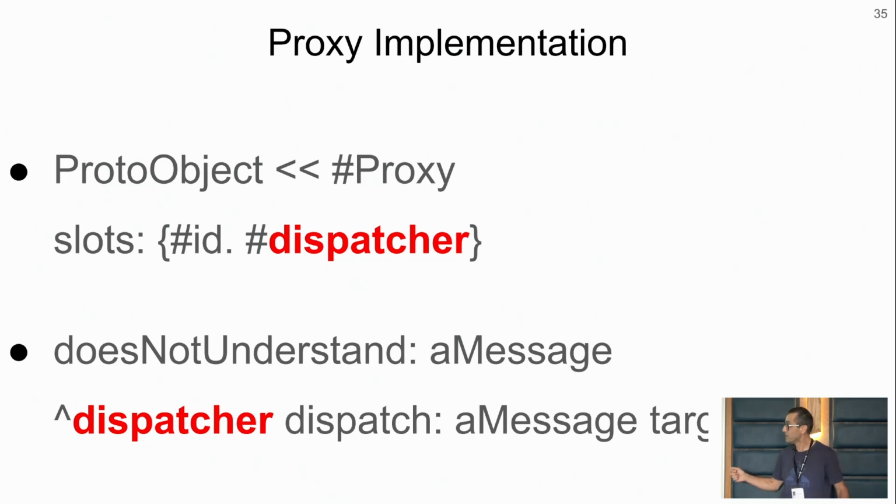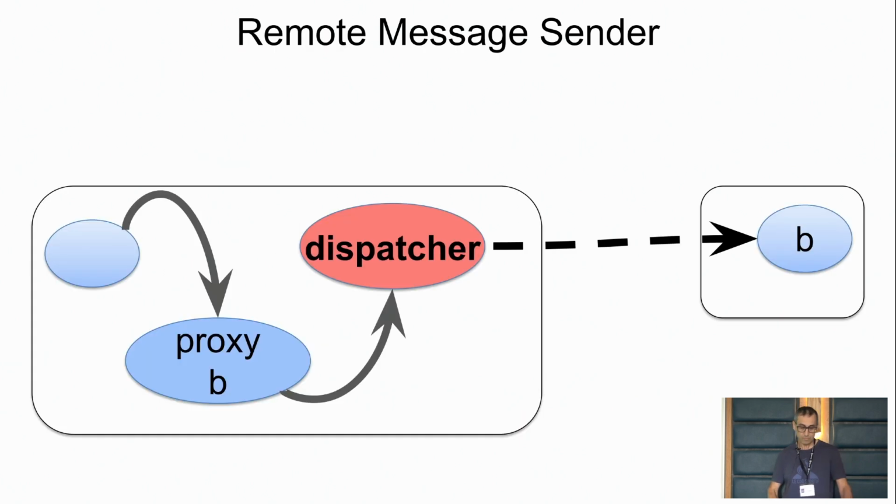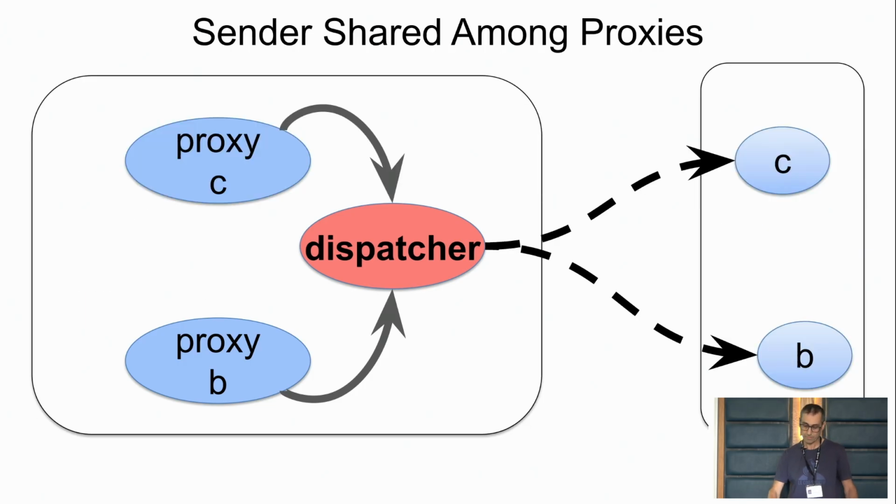So depending on the dispatcher we use, we can have some modularity here. So we reveal the next layer of the remote communication, the magic behind it. The proxy is talking to a dispatcher, and the dispatcher is the one in charge of the remote communication, sockets if needed, and so on.